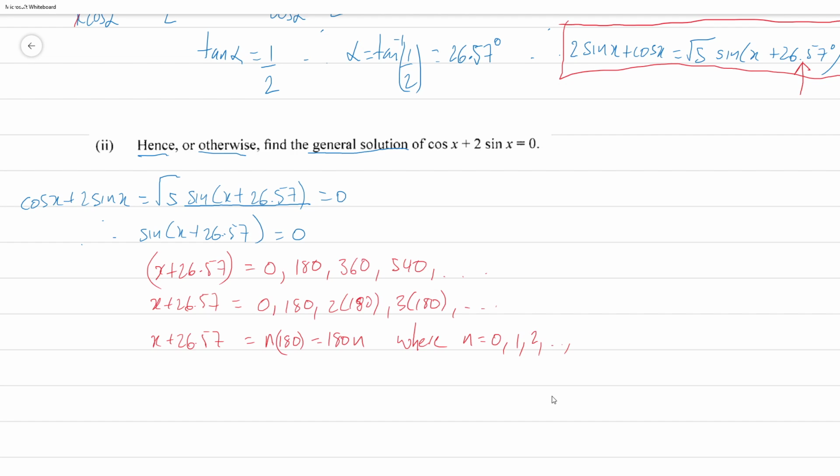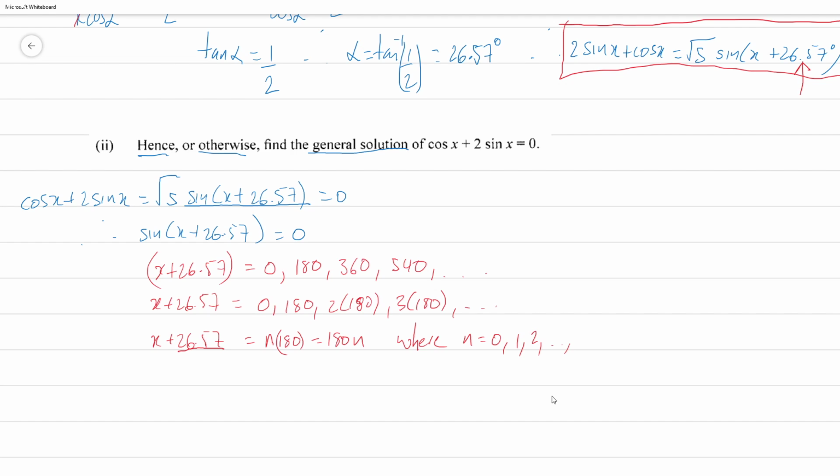Now it would have been nicer to write n pi, but the reason I'm not writing n pi is because I worked out this answer in degrees. I wasn't asked to work it out in terms of radians, so if I want to write n pi, I need to go and convert this back to radians. So in this case, I would remain with my answer in degrees because I worked it in degrees.